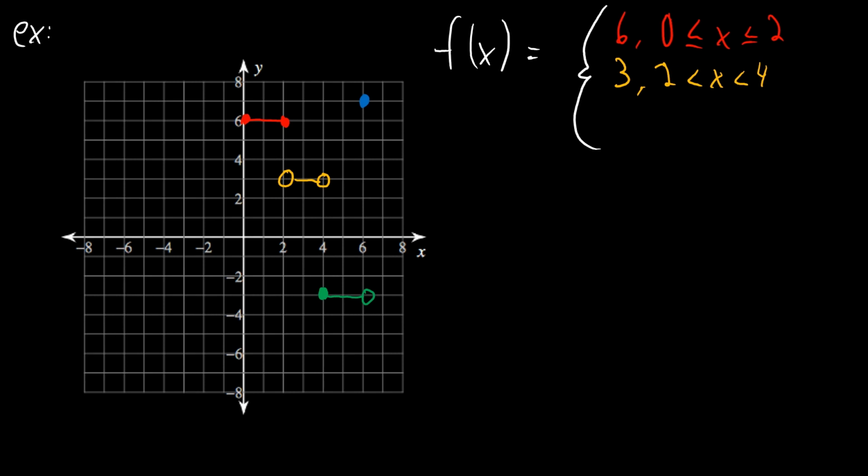Okay, so we're just writing out our functions here. We have -3, and that is defined from 4 to 6. And let's not forget that blue point all the way up there, and that is just a constant 7.